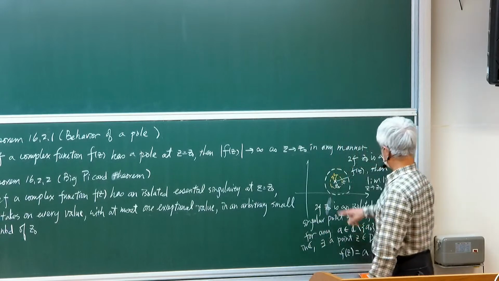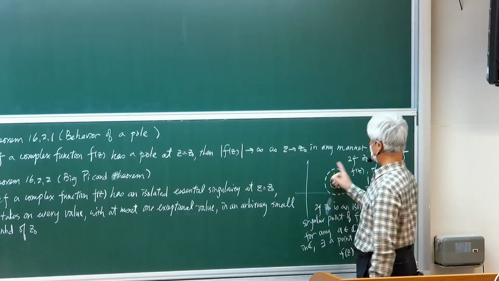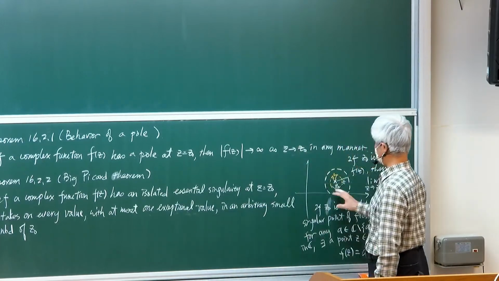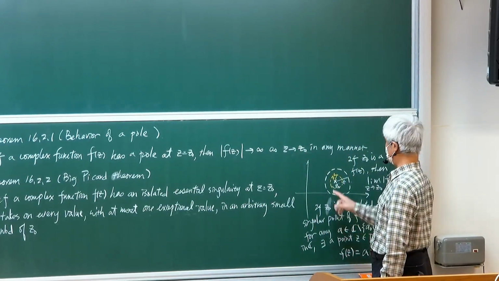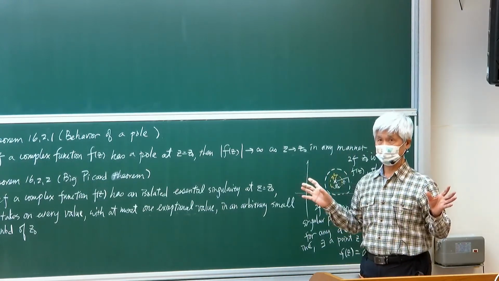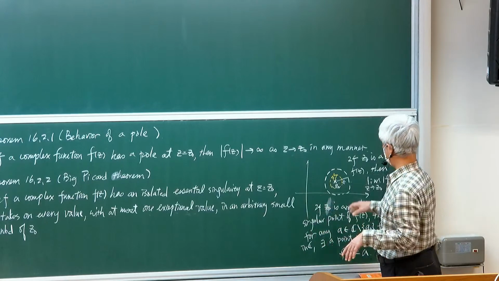So in any epsilon neighborhood, the behavior of f of z can be arbitrary. They can have any value.